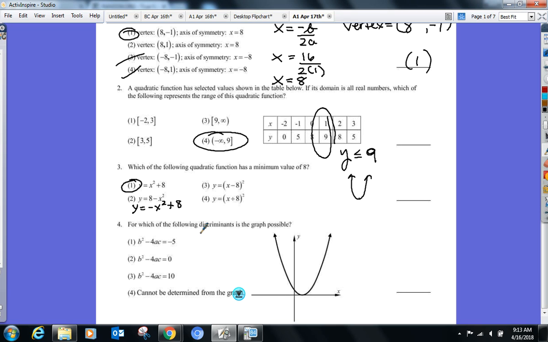Good? How about 3? What happens when it's inside the parentheses? It moves left and right. So now if it's minus 8, what's happening to the graph, left or right? Be careful. Remember, when I talk left and right, we're talking the opposite here. So negative 8 would tell me it moves right 8 units. Yep, this one's moving right 8.